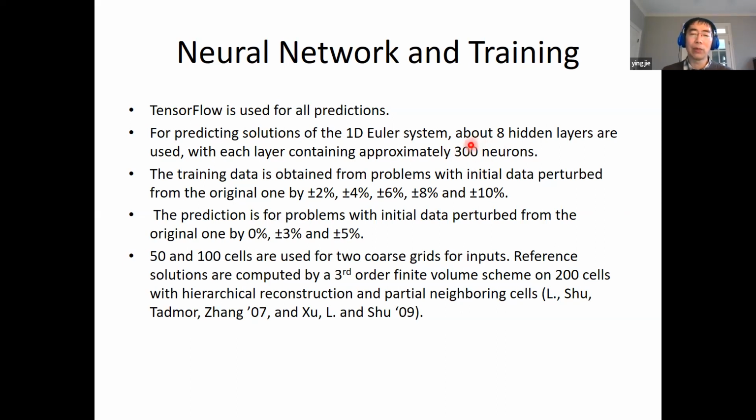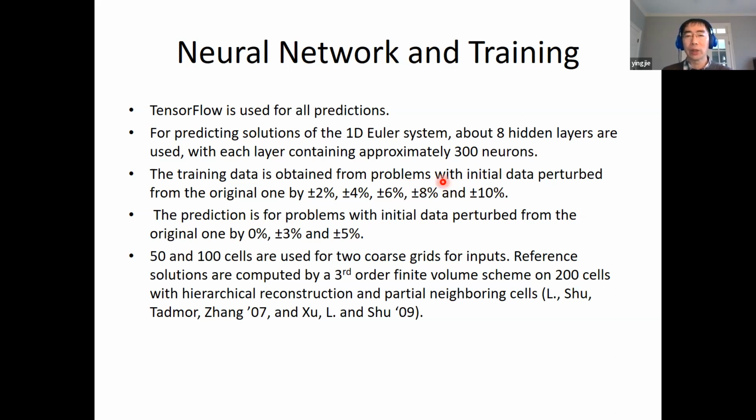Because this neural network is very local, as I will mention later, it's very easy to train, and the data required for it is, I would say, minimal. So what's the training data? For our simulation, we simply perturb the Riemann problem. If we want to predict a Riemann problem, we just perturb the initial value, let's say plus minus 2%, plus minus 4%, 6%, 8%, 10%, and use these perturbed initial values to compute.